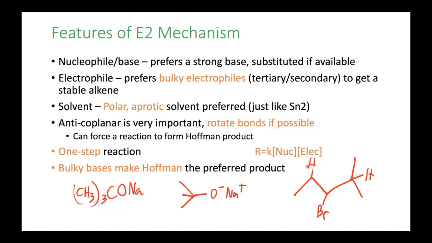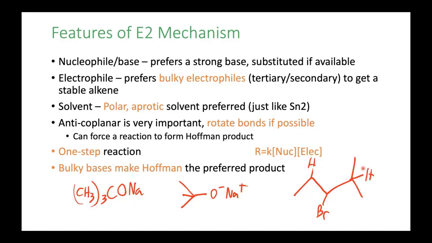A bulky base is actually too big to get close enough to this hydrogen to abstract it. Because it's bulky, it will prefer the less hindered hydrogen. That will be your Hofmann product.